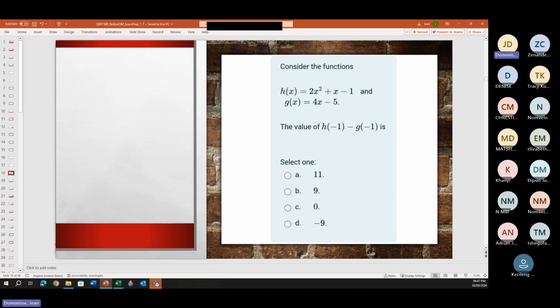So here they ask, consider the two functions h(x) and g(x), and then they said, work out the value if you substitute into h, and we're first going to quickly write this down. In h, you're substituting the value of x with -1.